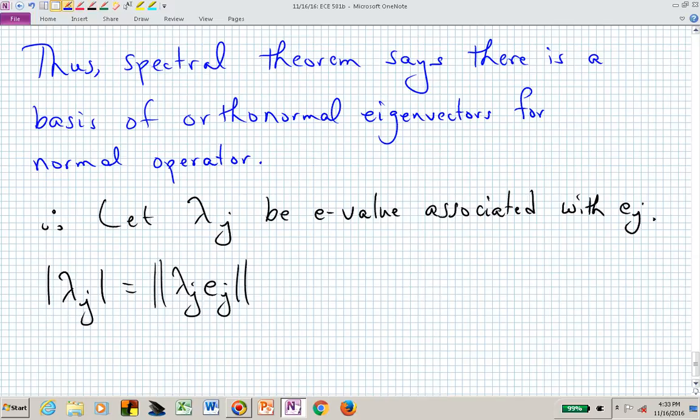It's 1, because it's an orthonormal vector. That now says that the norm of E sub j is equal to 1.